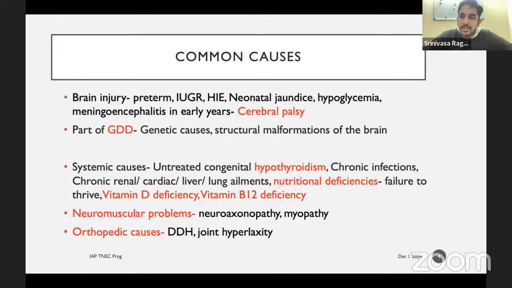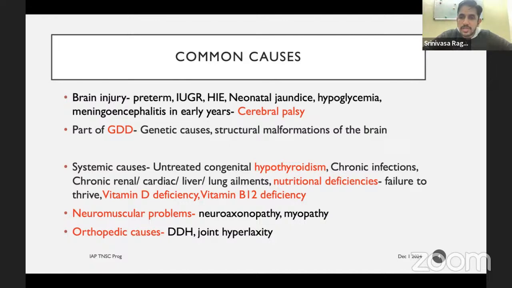Systemic causes like untreated congenital hypothyroidism, chronic infections, chronic renal ailments like renal tubular acidosis, and chronic cardiac problems like congenital heart disease which is not well corrected, all these also could lead on to motor developmental delay.